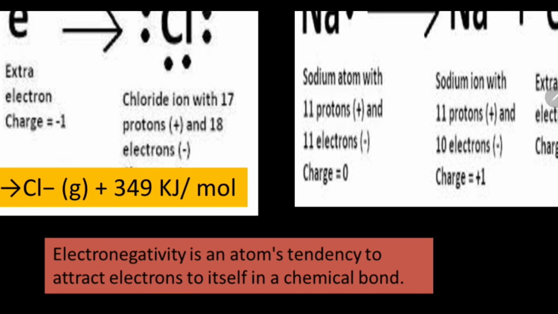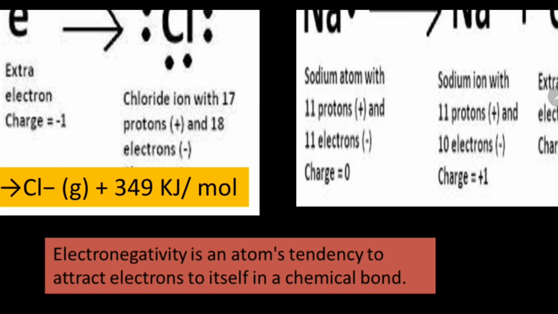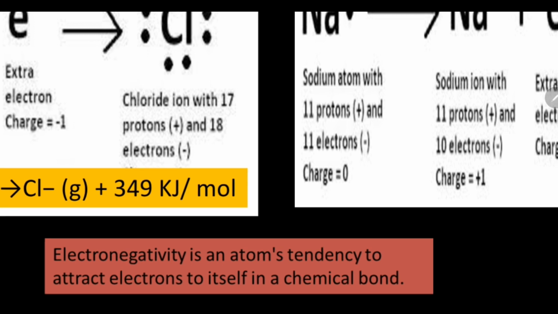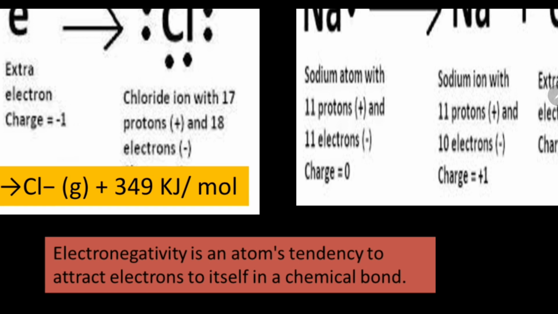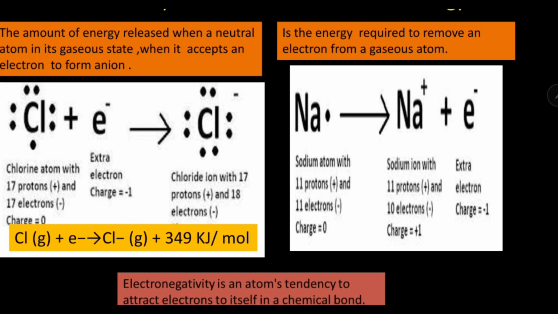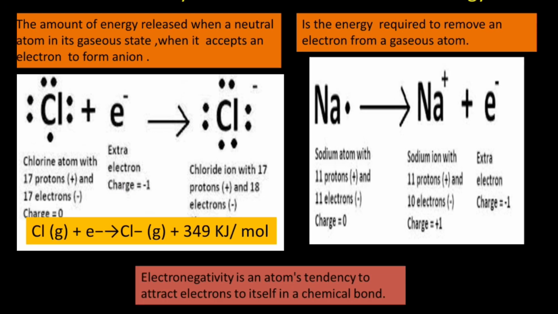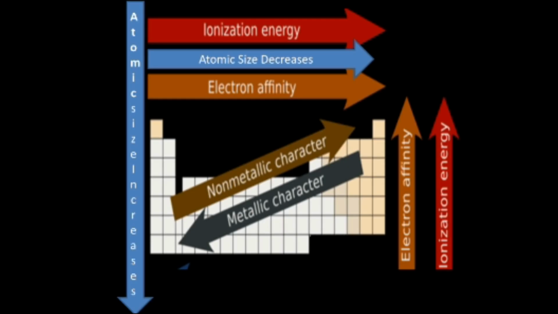There is some amount of energy present in the bond, and if it is taken by one of the atoms, then that is known as electronegativity. So halogens will have higher electronegativity. That means they are going to attract electrons towards them. The highest electronegativity is present in fluorine.